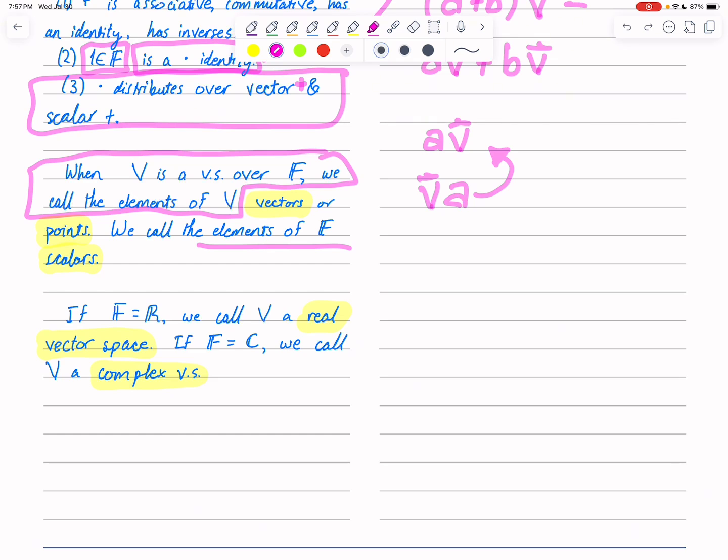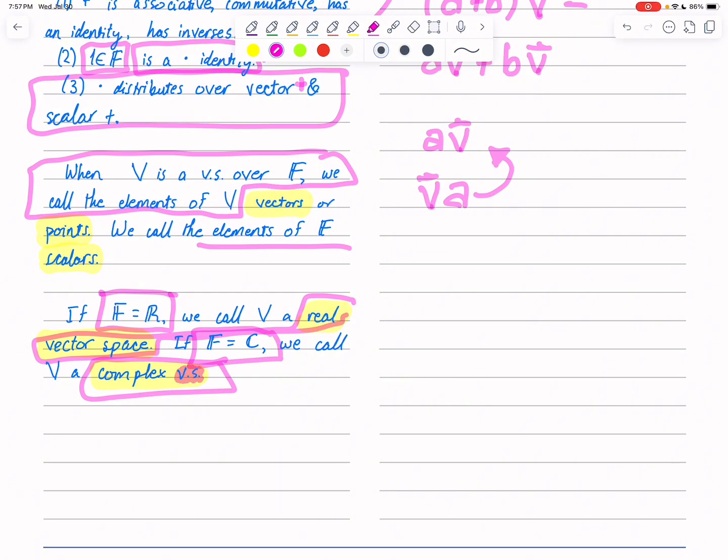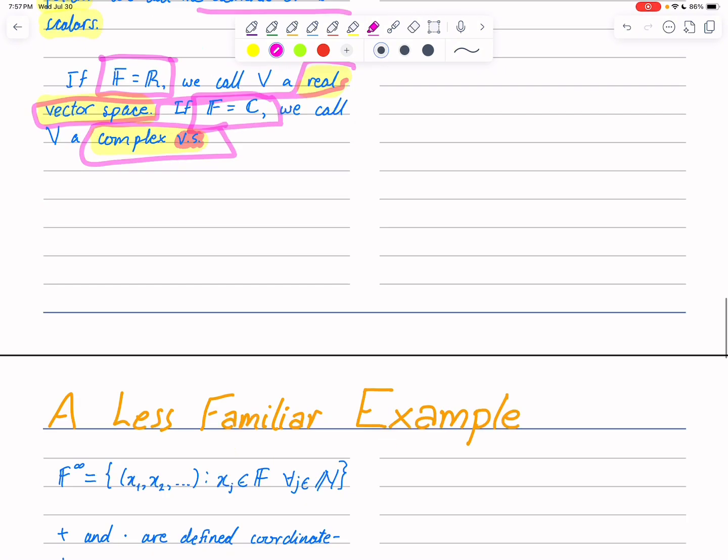If the field happens to be R, we call this a real vector space. If the field happens to be C, we call it a complex vector space. And we use V.S. as an abbreviation for vector space.